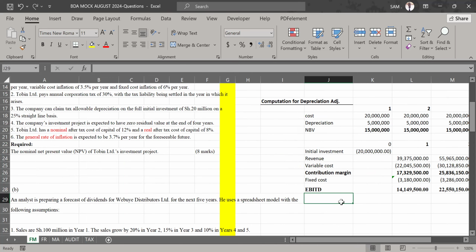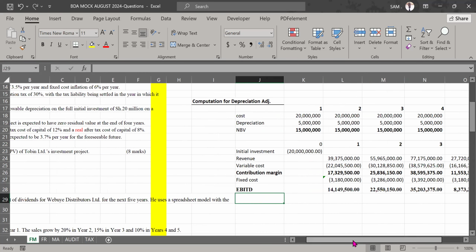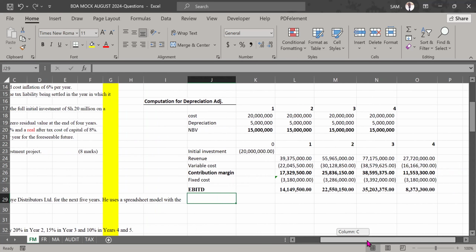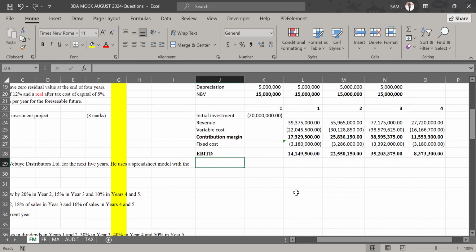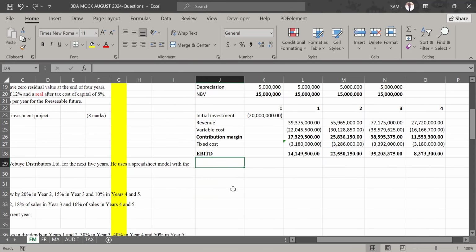Now, because we know whenever we want to charge tax, we cannot charge tax on an allowable expense. And in this case, we are being told capital allowance, also called depreciation, is allowable. From the term capital allowance, it's an allowable expense. So let's go ahead and say less capital allowance.